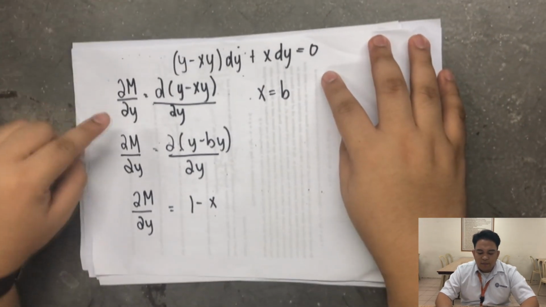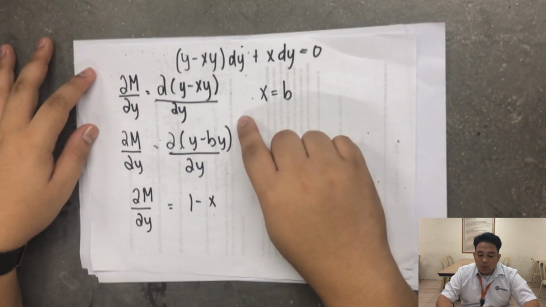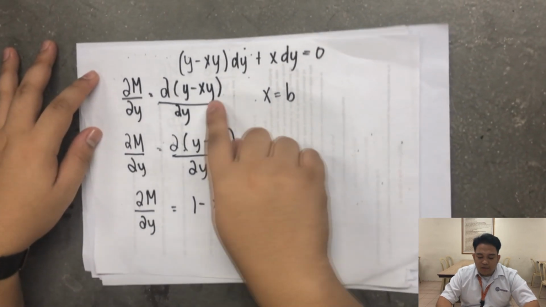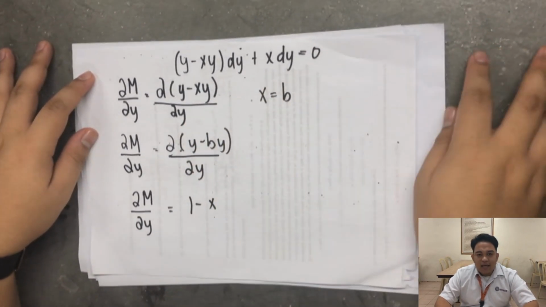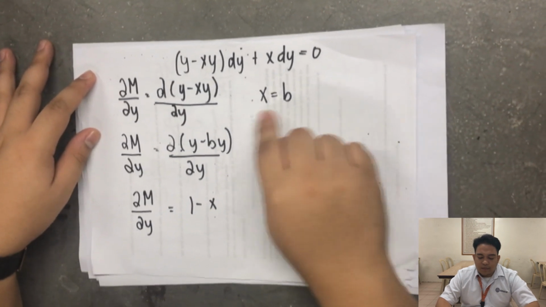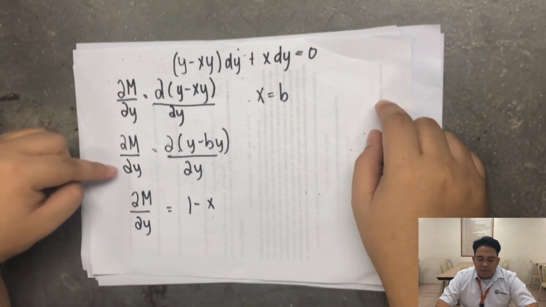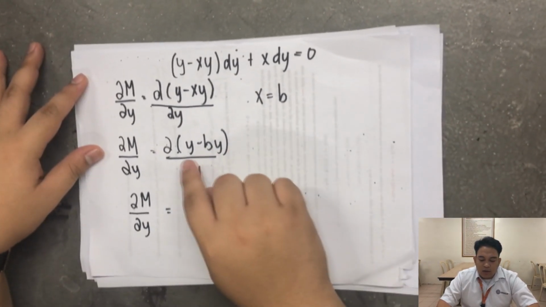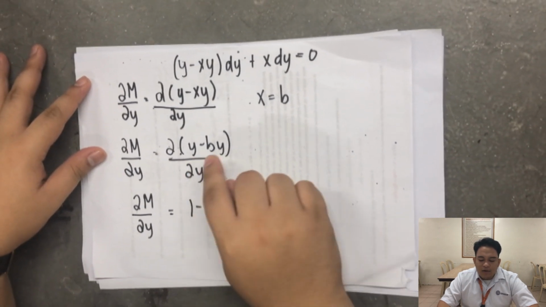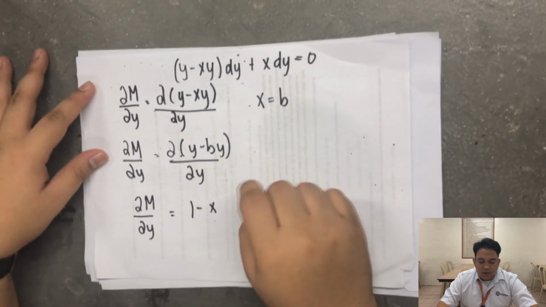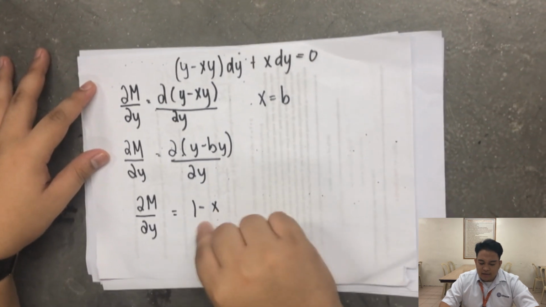So the partial derivative of M with respect to y is the derivative of y − xy with respect to y. So we get 1 − x.